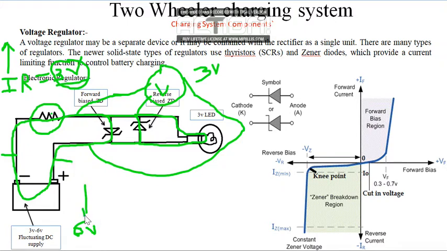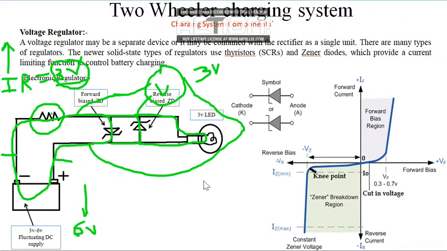So this is the beauty of our Zener diode. Whenever it conducts in reverse bias, it regulates the current in such a way that the voltage across its two ends remains equal to its Zener voltage, even though a higher source is supplied to it. That is the characteristic of our Zener diode.